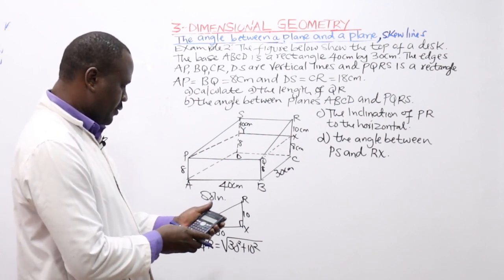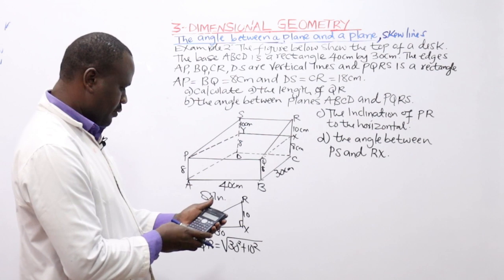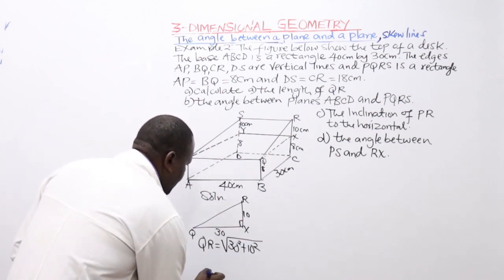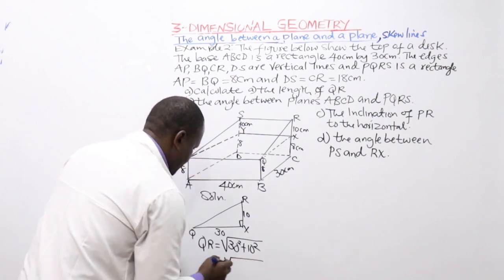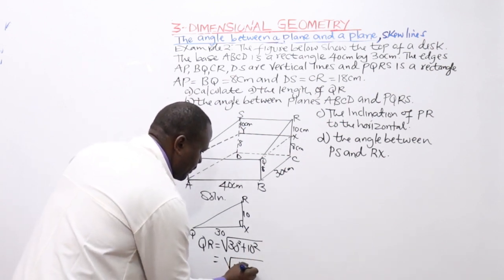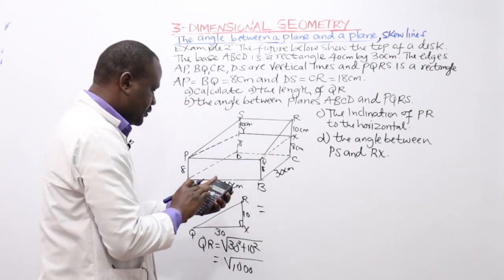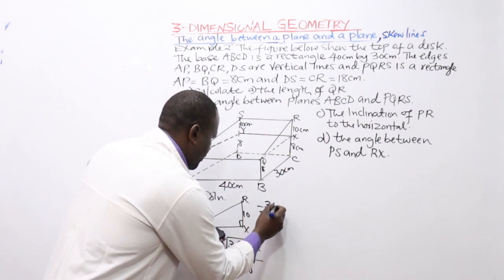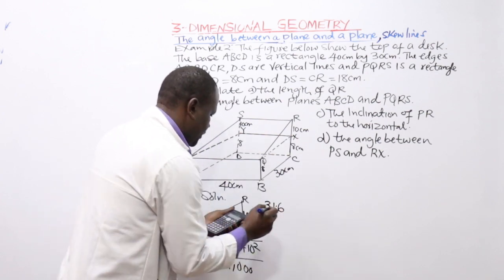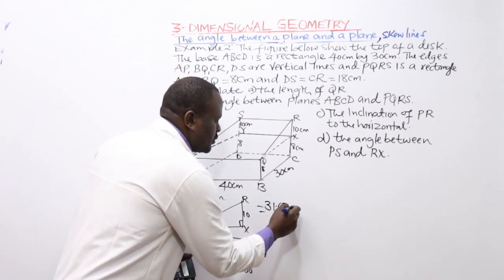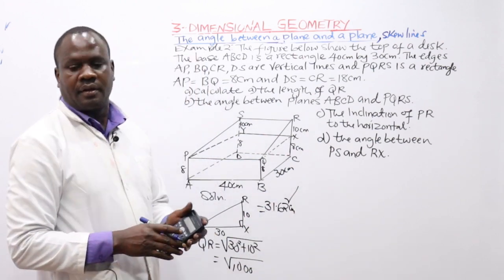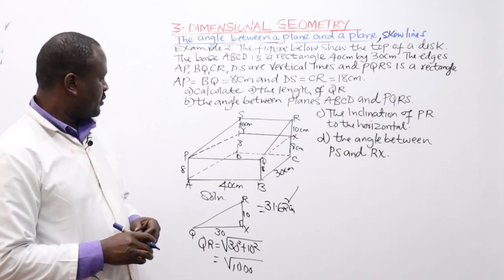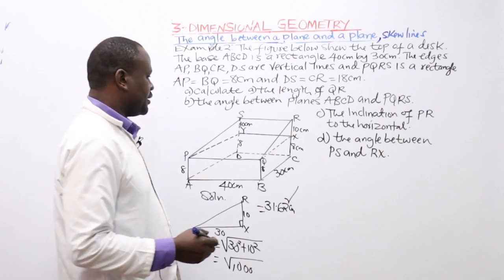Therefore, we are looking for the square root of 1000, which is the answer, 31.62 centimeters. So that's how we get the length of QR. Now, let's go to part B.